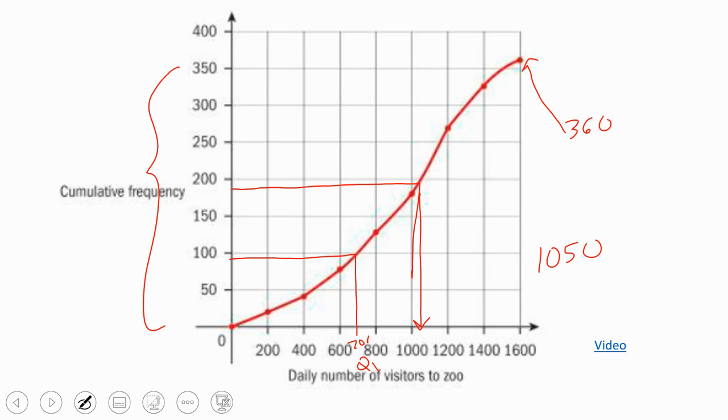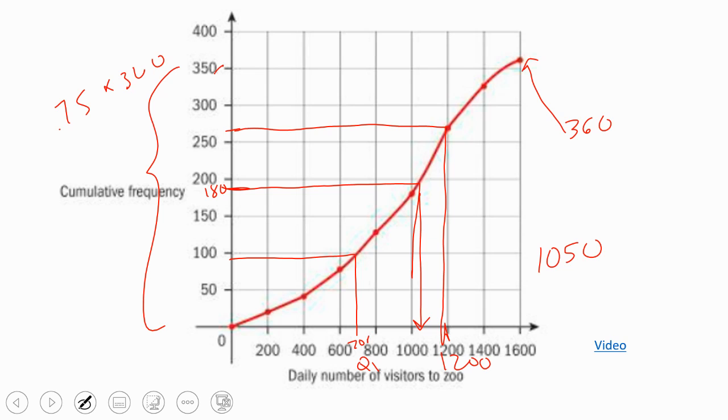Q1. Upper quartile is the 75th percentile, so I could take 75% of 360. Or if I know I had 180 here, half of that's 90, that takes me to 270. So right at 1200 would be the upper quartile. So if they told me the minimum and the maximum value, I could make a chart.